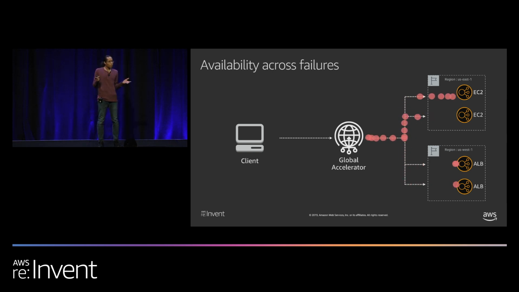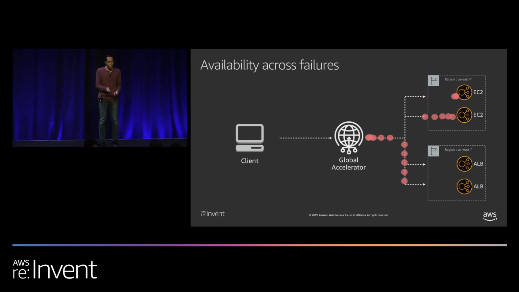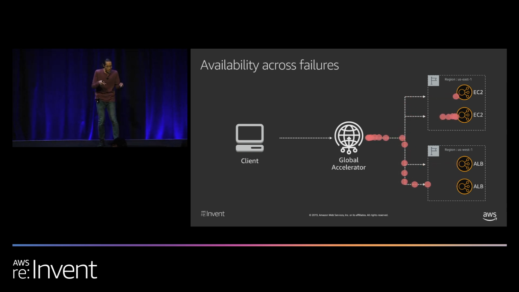And that BGP convergence within our own network completes within seconds, meaning if one of these entire edge locations goes offline, a sibling edge location in the same network zone announcing the same IP prefixes would begin taking that traffic within a couple of seconds. Or going even further, zooming into our infrastructure, if one of our servers were to fully fall offline, we'll just route around that internally within our own system.